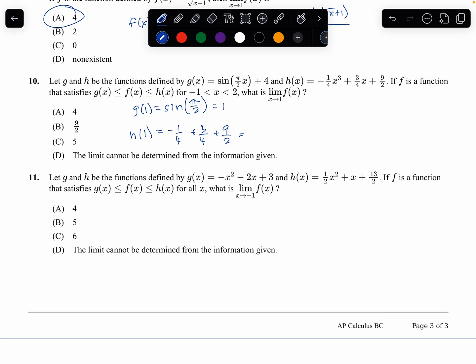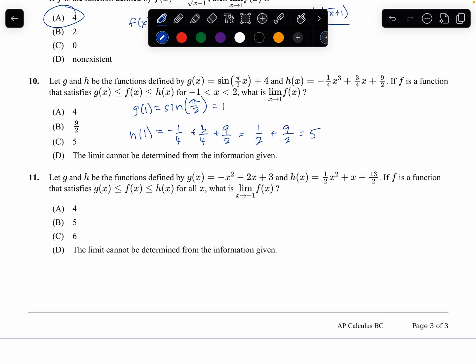So if I combine those two right there, that's going to become 2/4, so that becomes 1/2. 1/2 plus 9/2, so that's going to be equal to 5, I think. Right? It's going to be equal to 5. I think I did that right.